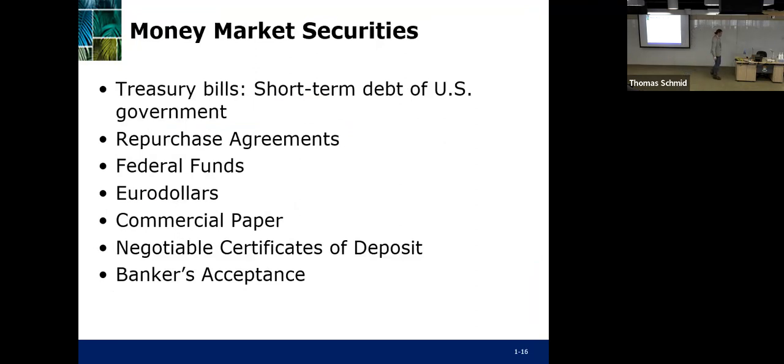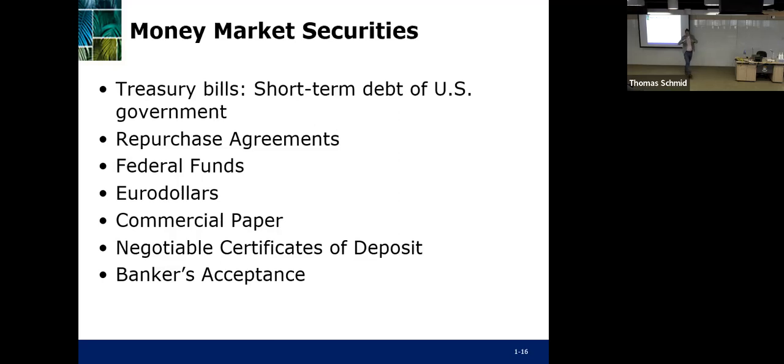Well, these are the money market instruments that are typically used, not only for that purpose, but this is a more general overview. Treasury bills, so these are very short-term US government bonds, repos, and I will talk about them a bit, and there are a few others. It's not that important for us to know all the details here.